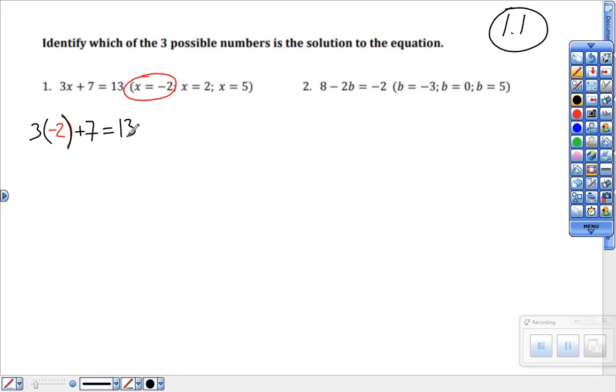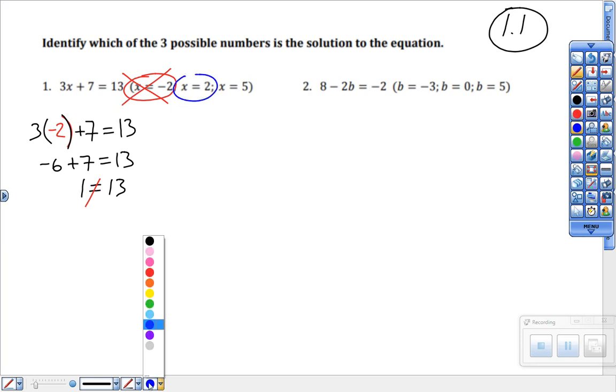This gives me negative 6 plus 7. That's equal to 1. 1 is not equal to 13. x equals negative 2 is not a solution to that equation. Let's plug in x equals 2. Next one. If I plug in x equals 2, I have that same 3 there, but this time where x is, I'm going to replace that with positive 2.